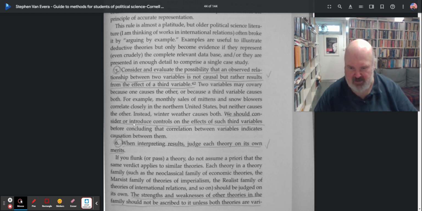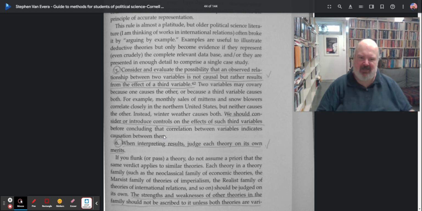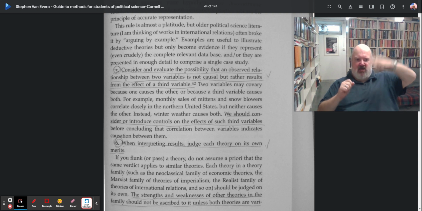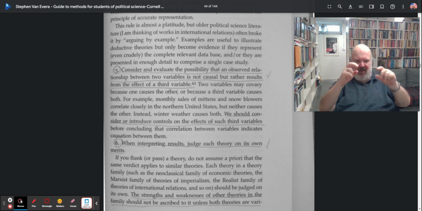We should consider or introduce controls on the effect of such third variables before concluding that a correlation between variables indicates causation between them. Just because something correlates, we need to test whether there is something else that could be causing both of these. And even if there is no such thing, which of these two things is actually the cause?